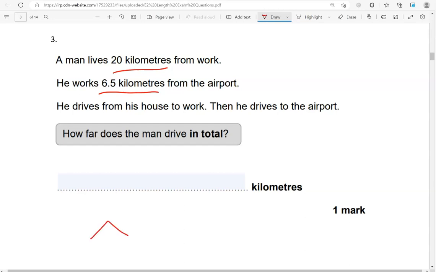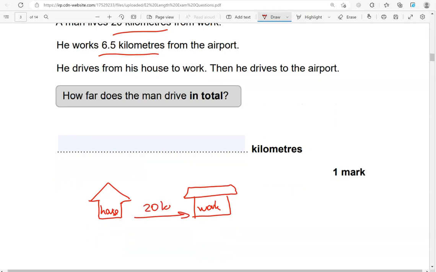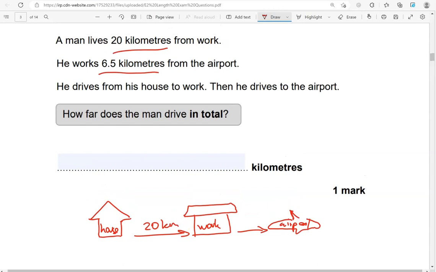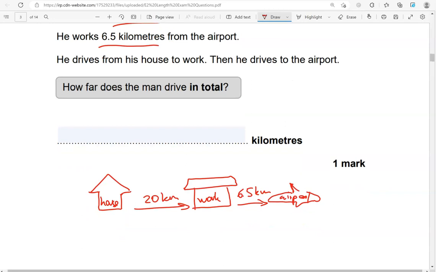So if the house is here, the work is 20 kilometers away, and the airport is 6.5 kilometers from work.